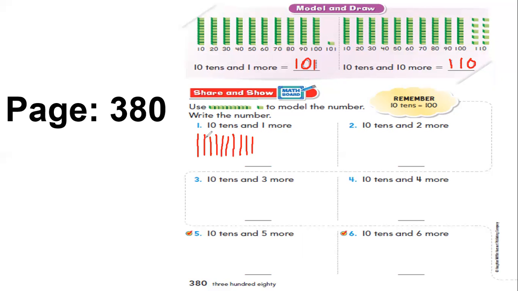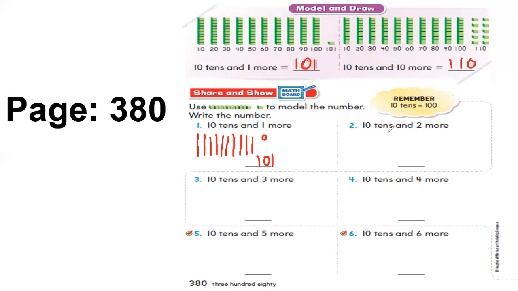That is 10, 20, 30, 40, 50, 60, 70, 80, 90, 100. 100 and 1 more. So that becomes 101.